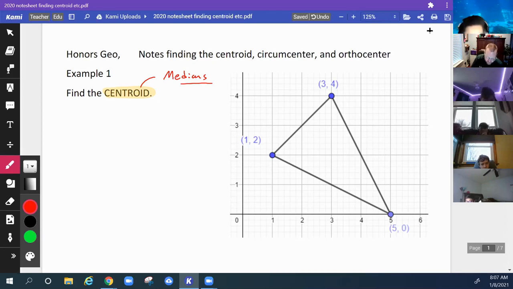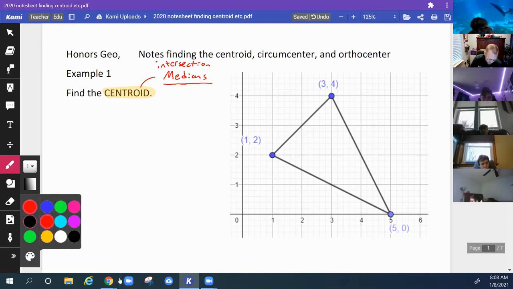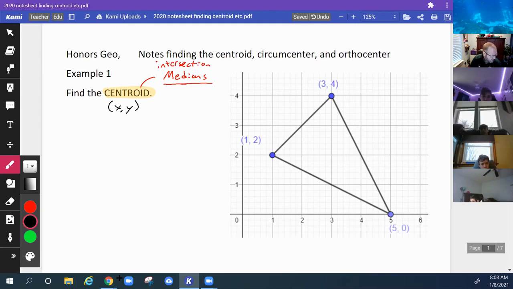So what I'm looking for is the point of intersection of the medians. And remember, we're looking for a point, so you got to understand what the final answer is going to be. The final answer that I'm looking for is an XY coordinate to find the actual position of the centroid.